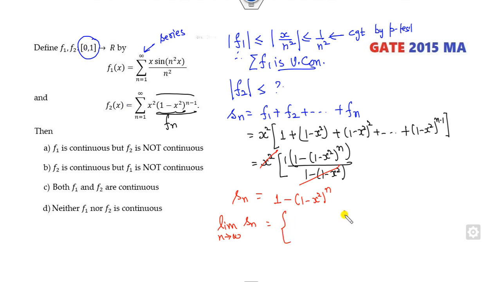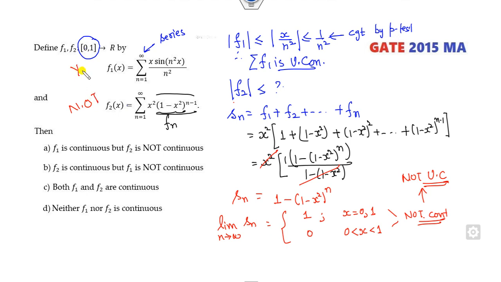So clearly when x is 0 and x is 1, the answer will be 1. But when x lies between 0 and 1, this part becomes 1, so it will be 0. So clearly it is not continuous. Once it is not continuous, it means it is not uniformly continuous. So F2 is not continuous.